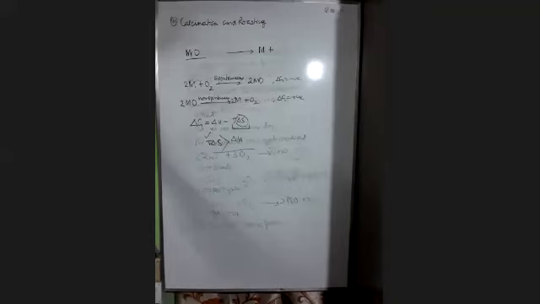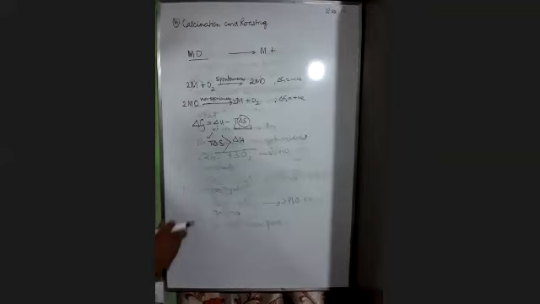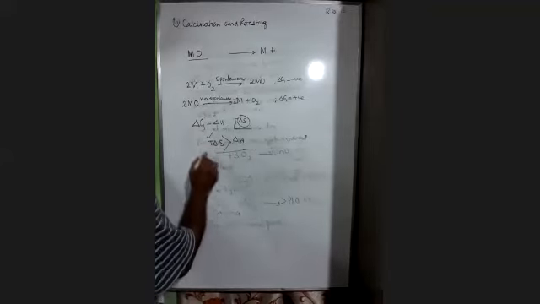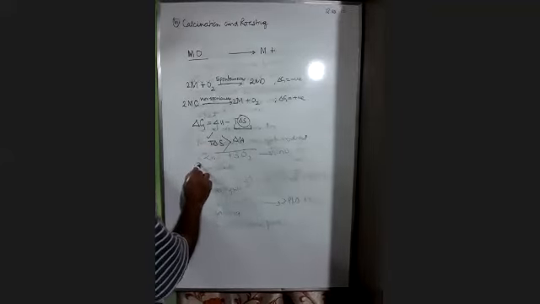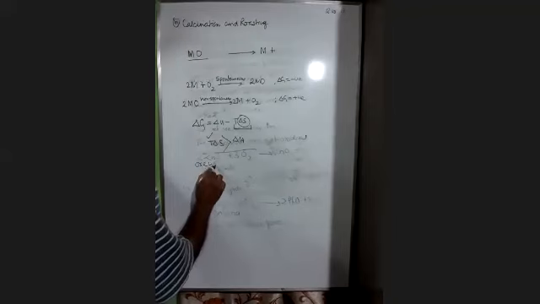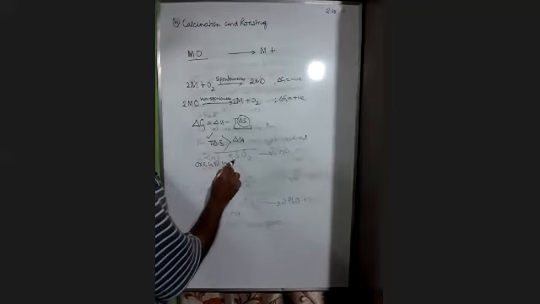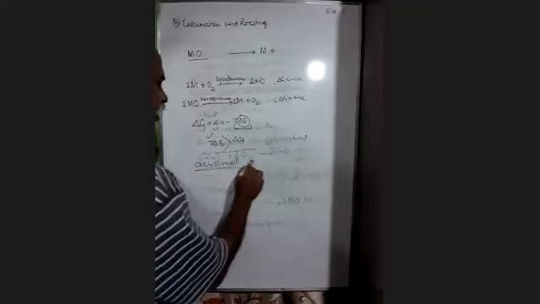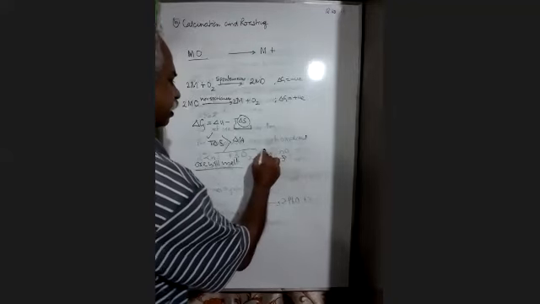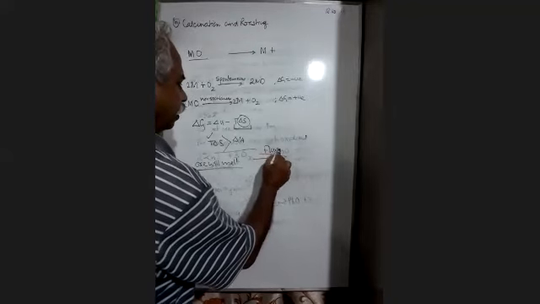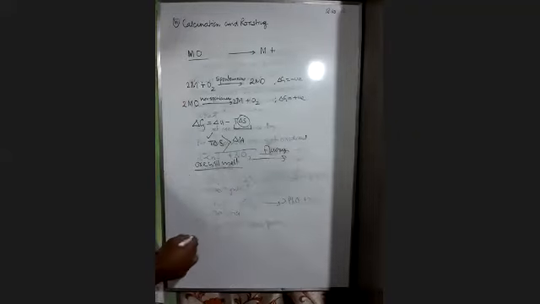It is not possible. So what you can do? When you start heating, the ore will melt. When the ore melts, the ore will start flowing. When it starts flowing, delta S increases, entropy increases.